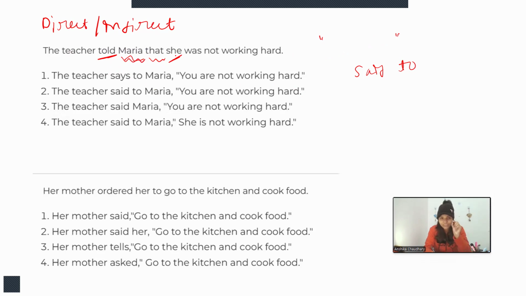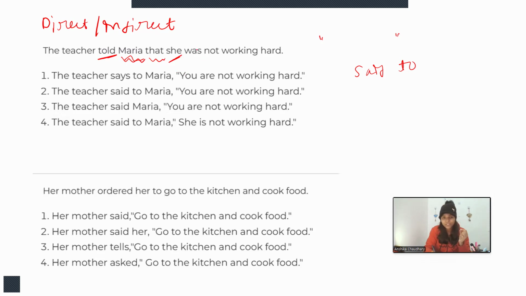According to Maria. So when this is converted according to Maria, it will become you, because the teacher is talking to Maria that she was not working hard. Who? Maria. So in direct speech, we directly convert it to you, right?